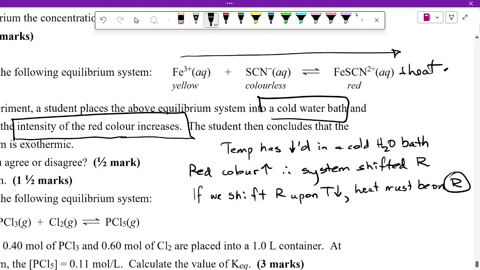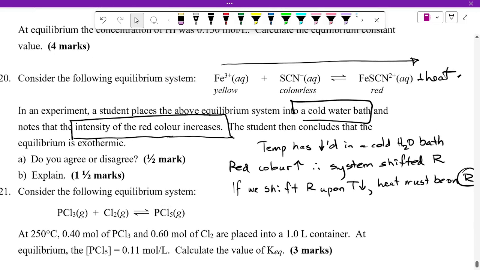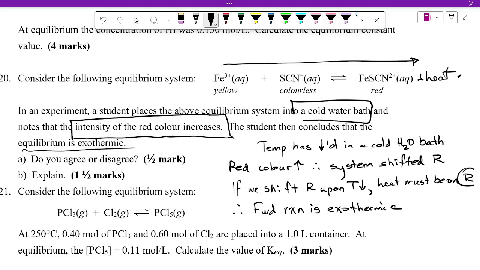That means that the forward reaction is exothermic. So the student said that the equilibrium was exothermic, and when we say that, we mean the forward one. Okay, so yes, I agree with the student.